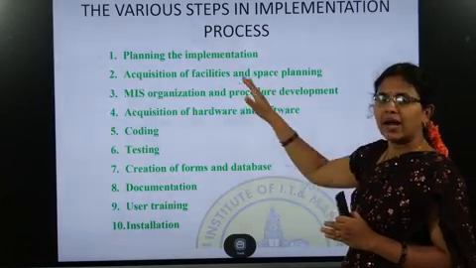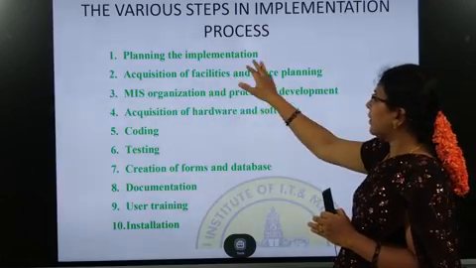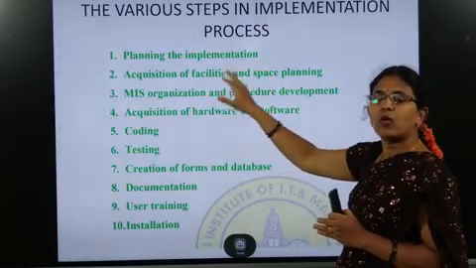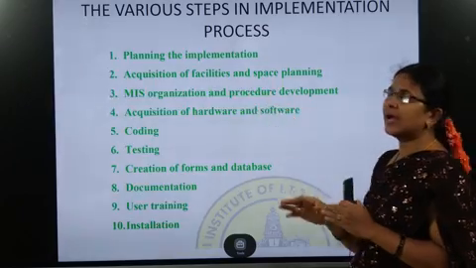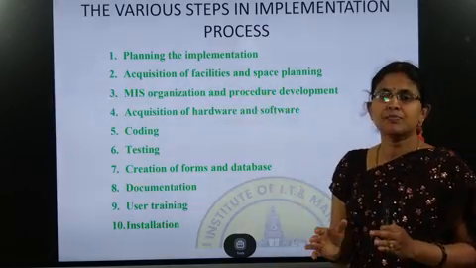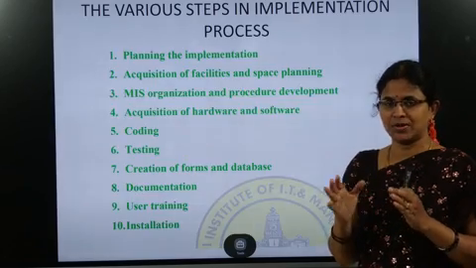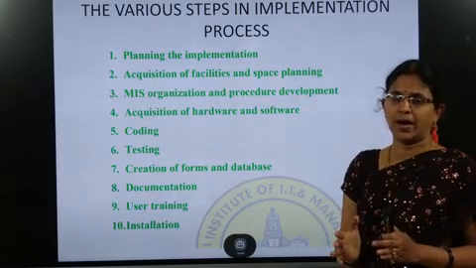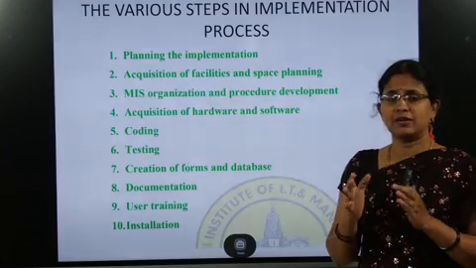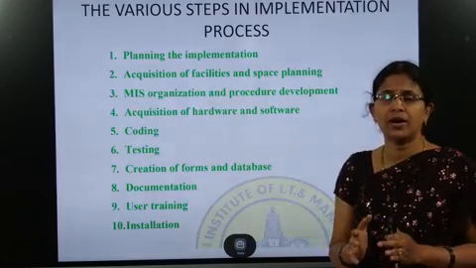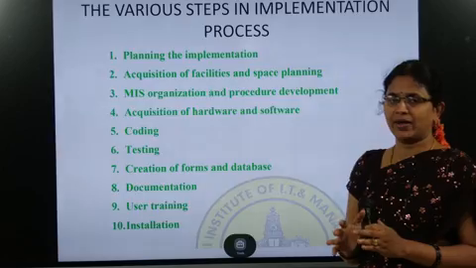For all that you have to plan accordingly. Once the planning is done, you have to acquire the facilities and do space planning. In order to install the new system in the organization, how much space or floor is required and what facilities and infrastructure you have to provide, all these you have to acquire first.